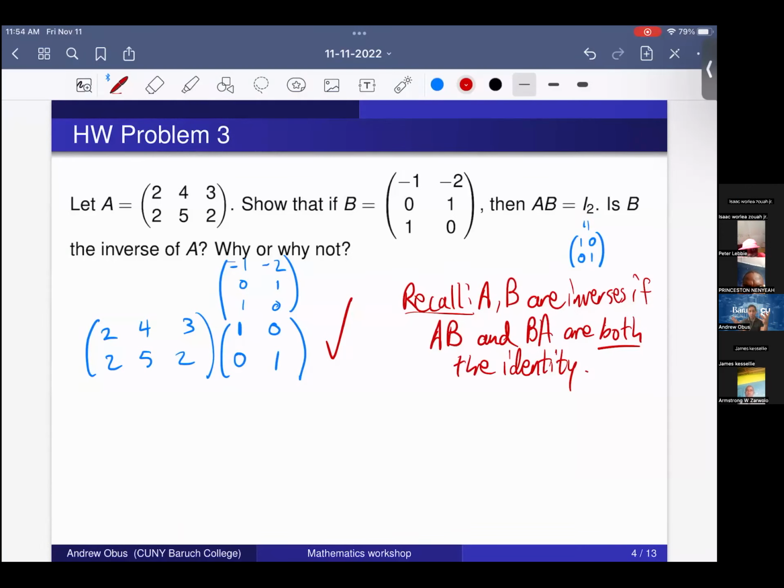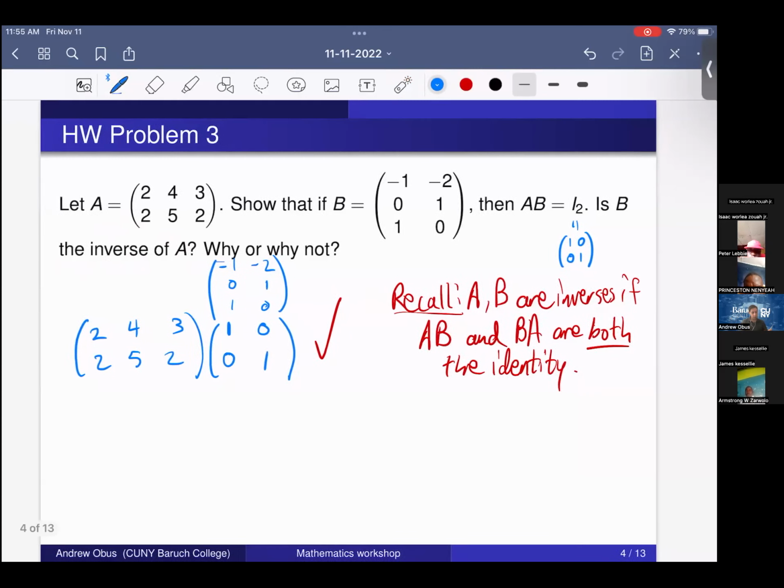You get the same answer, 1, both times. But with matrices, we've already seen that if you do them in different orders, you might get a different answer, right? So if we want to know whether B is the inverse of A, we need to multiply them in the other order and see if we get the identity.